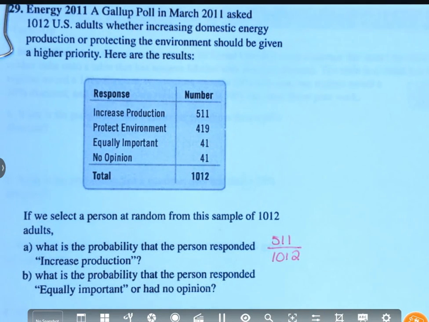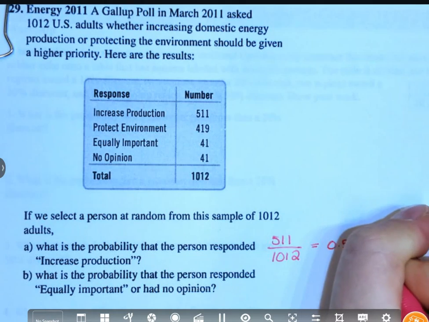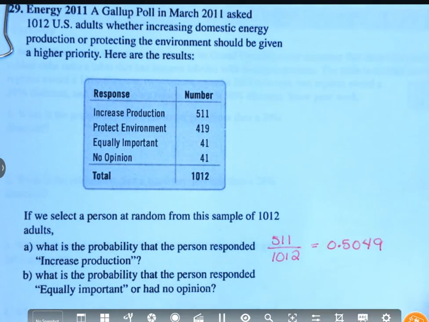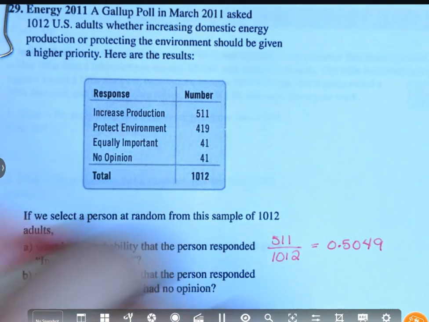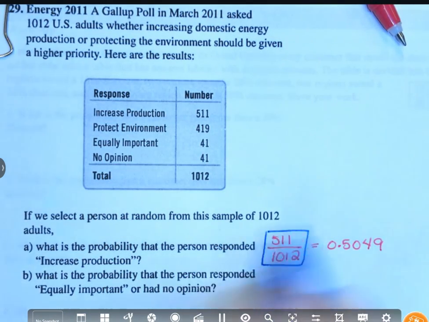You're more than welcome to leave that as your answer. No matter what, you have to show that. I'm not kidding. You cannot skip straight to the answer, say 0.5049. You must show that piece right there.